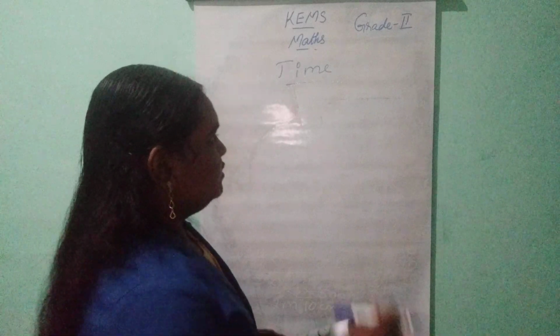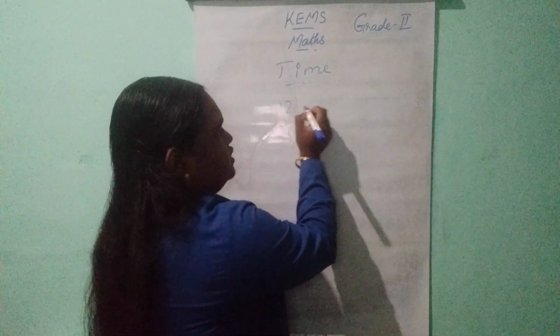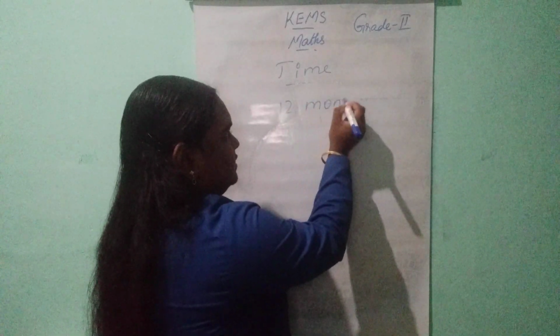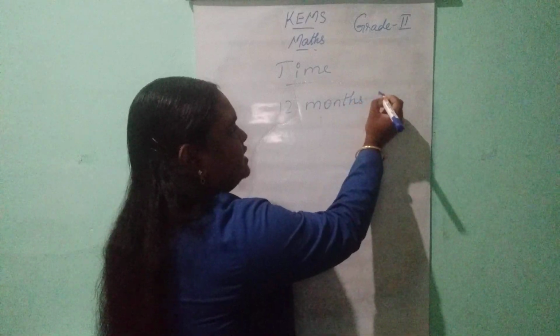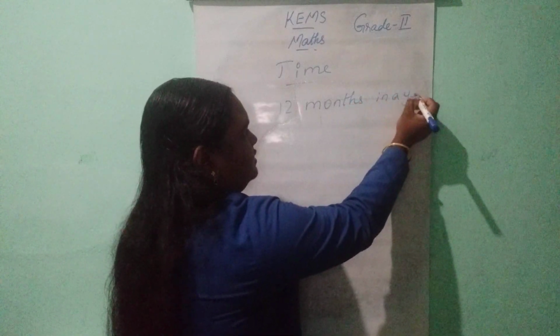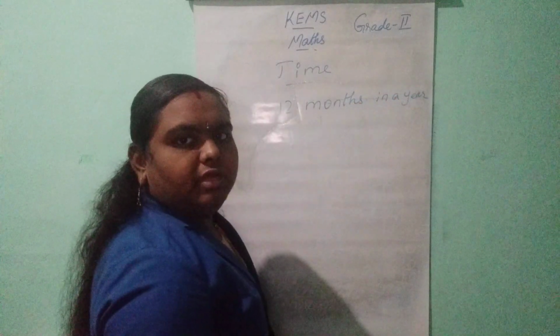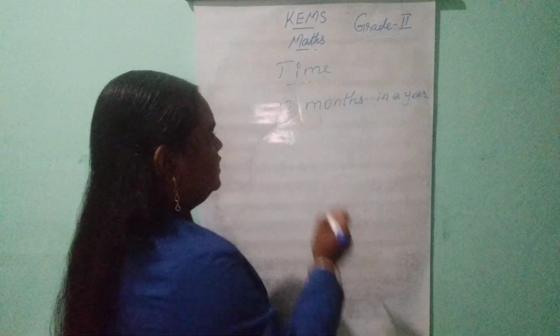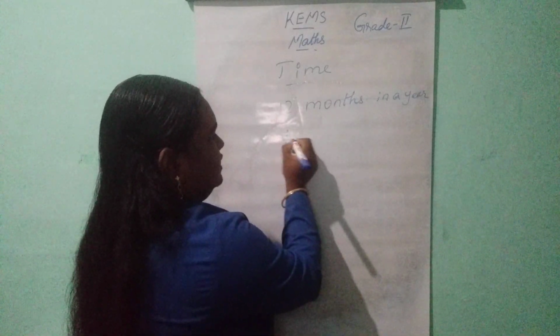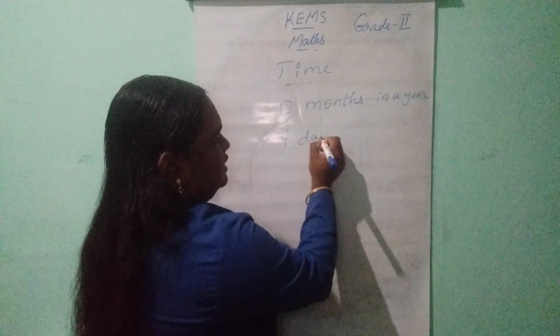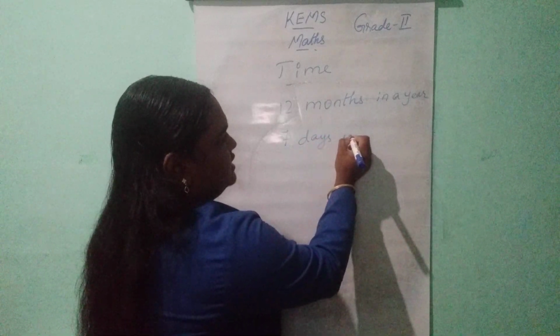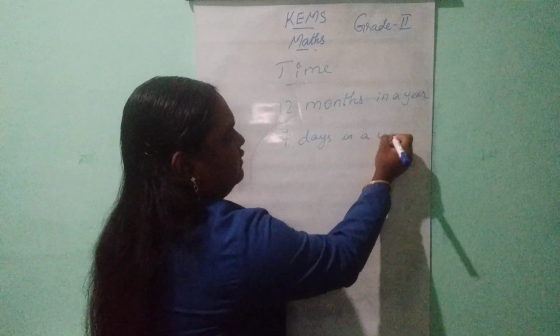How many months are there in a year? 12 months in a year. Then 7 days in a week.